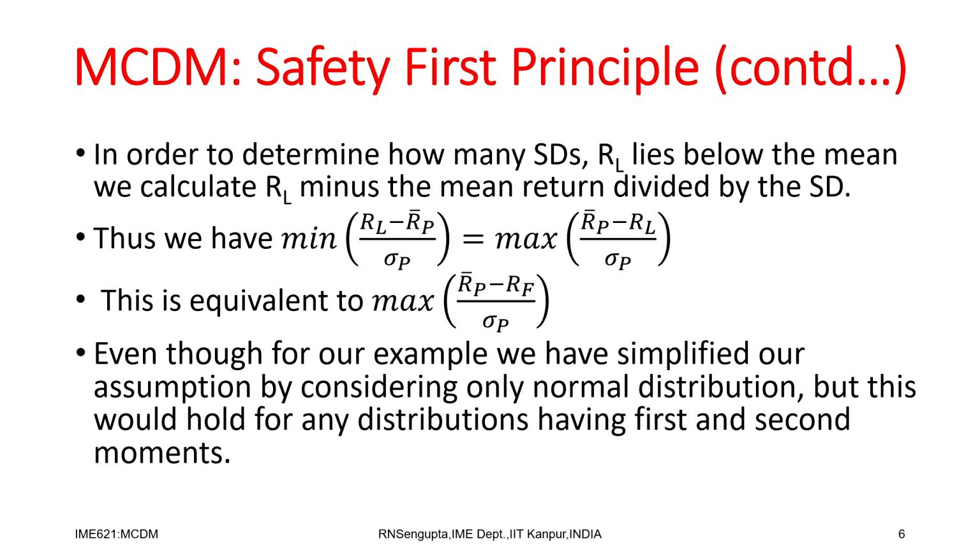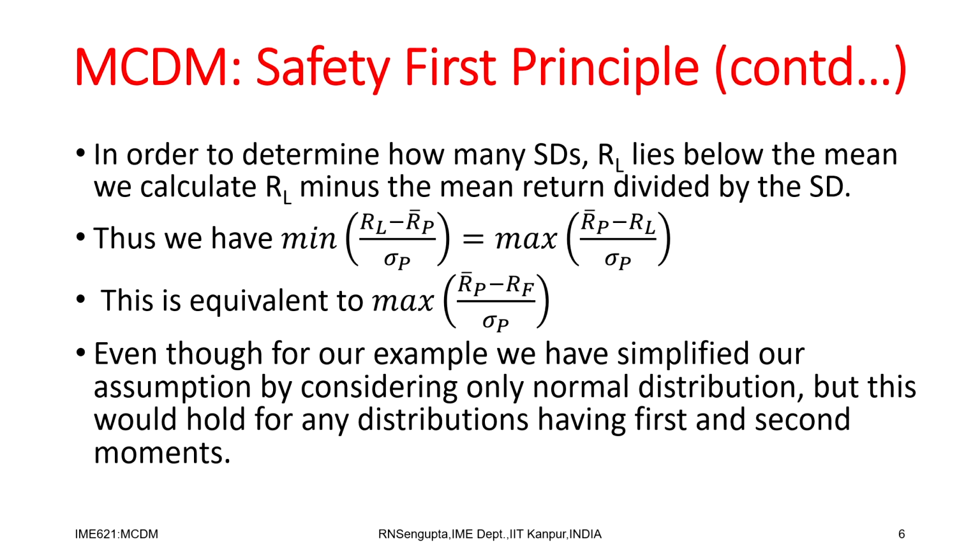In order to determine how many standard deviations RL lies below the mean, we calculate RL minus the mean return divided by the standard deviation. We are normalizing it, in the sense that mean can be different, standard deviation can be different.